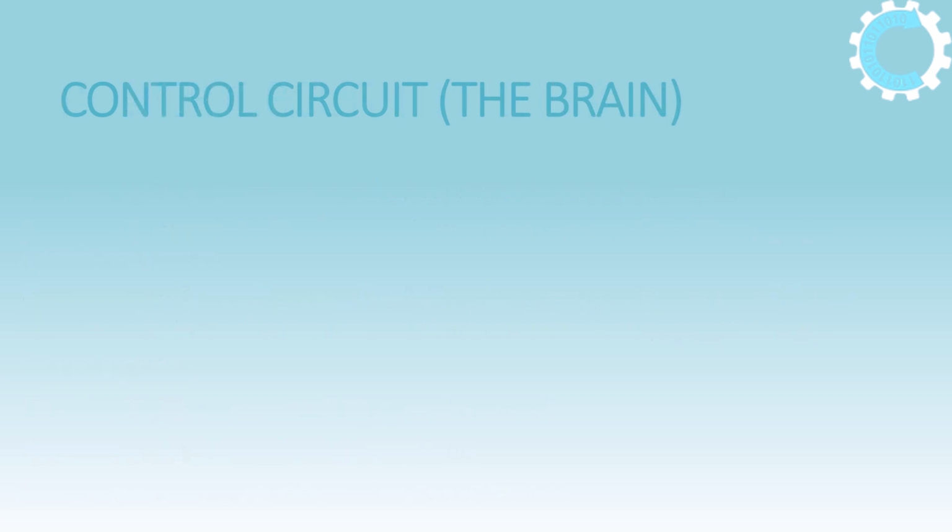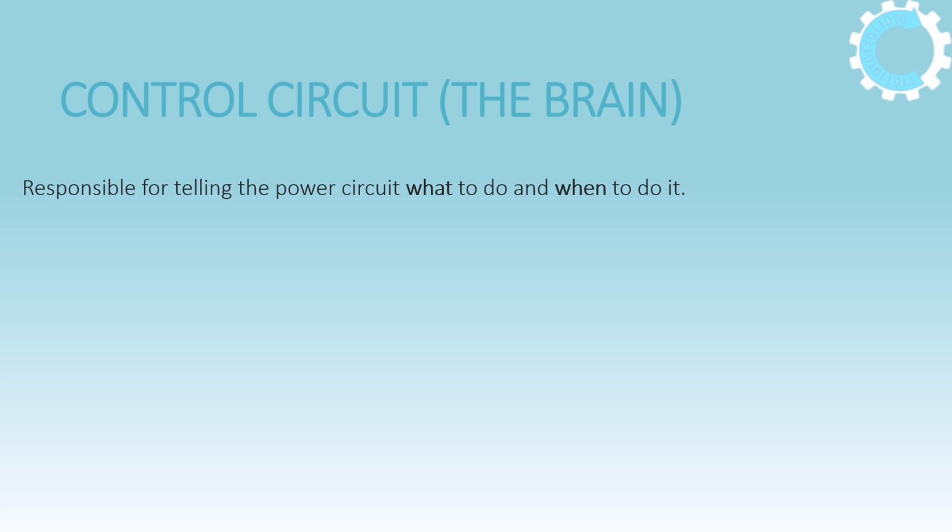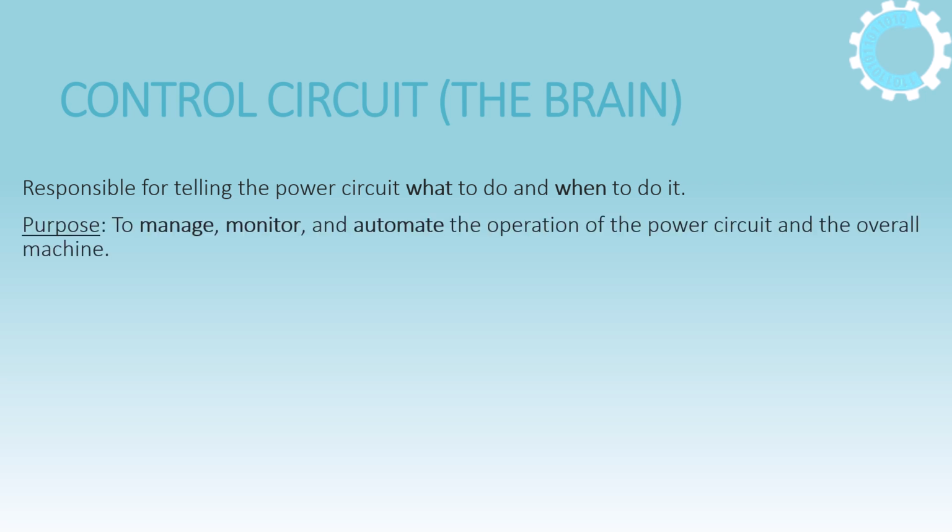The control circuit is where the intelligence and decision-making happen. It's responsible for telling the power circuit what to do and when to do it, usually with much lower power levels. Its purpose is to manage, monitor, and automate the operation of the power circuit and the overall machine.